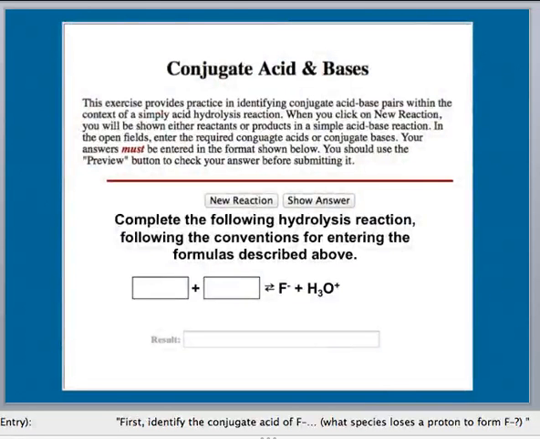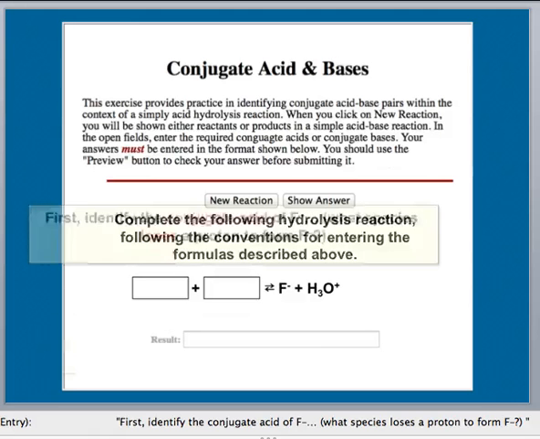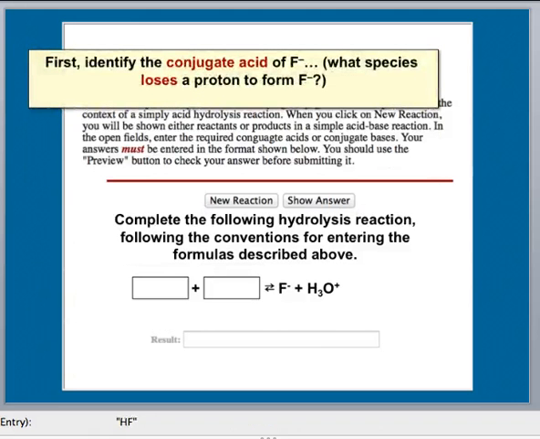Now the logic. We're forming fluoride, aren't we? What gives up a proton so that fluoride is its conjugate base? What loses a proton to form fluoride?